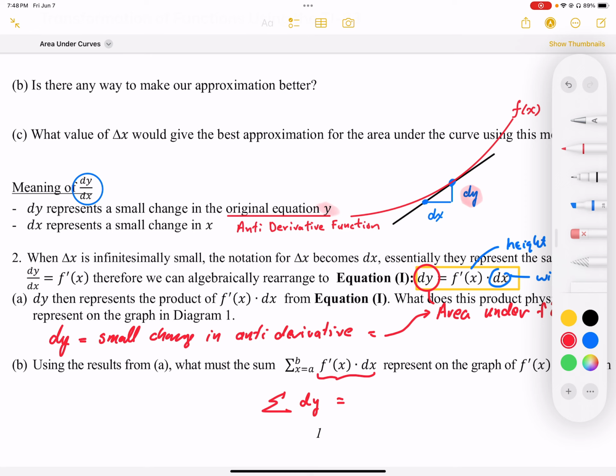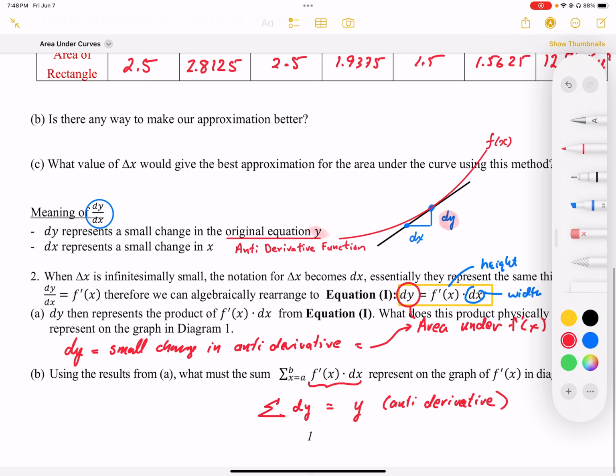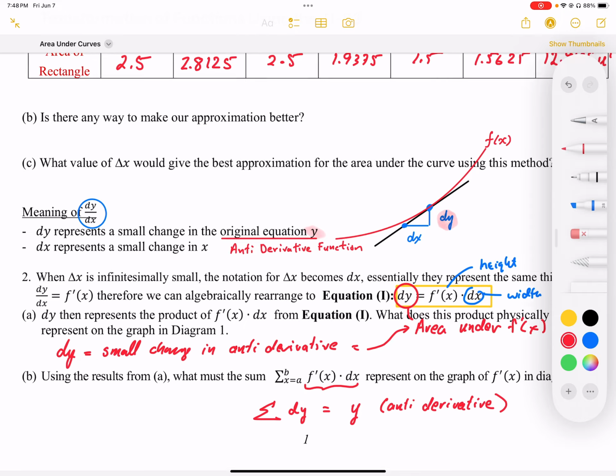Well, isn't that to do with y, the antiderivative? And this is what we talked about at the very beginning. That area under the curve has something to do with the antiderivative function. And that is absolutely true. We can show it by algebra. We have equivalent pieces that we can make this conclusion with.